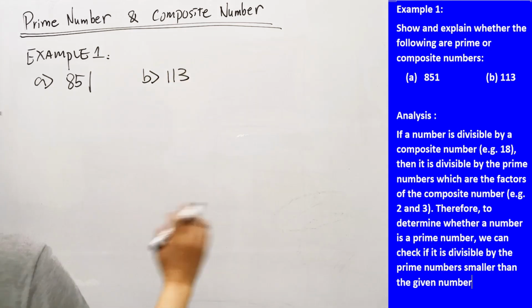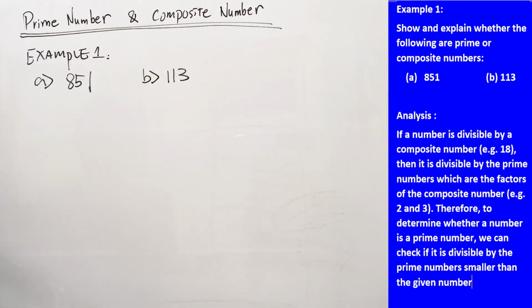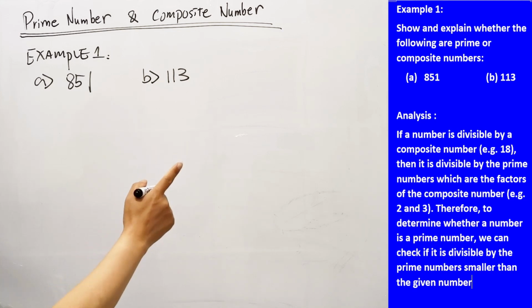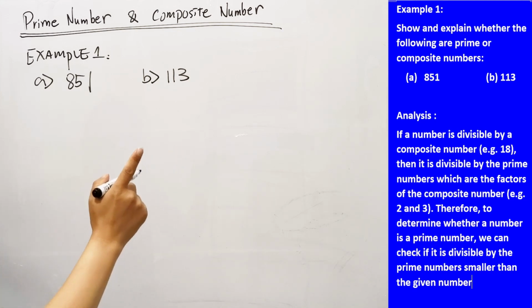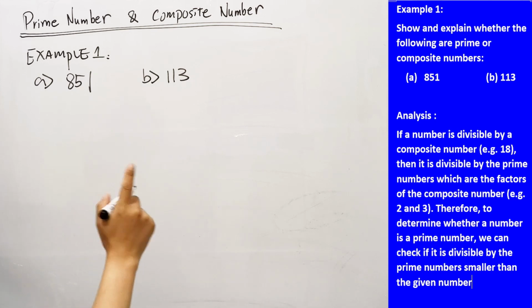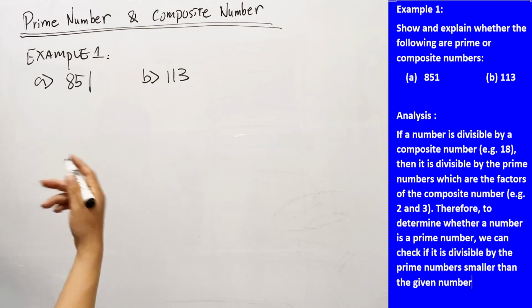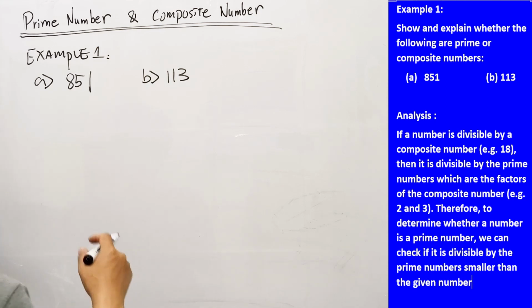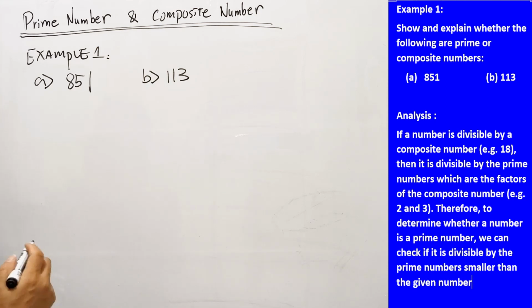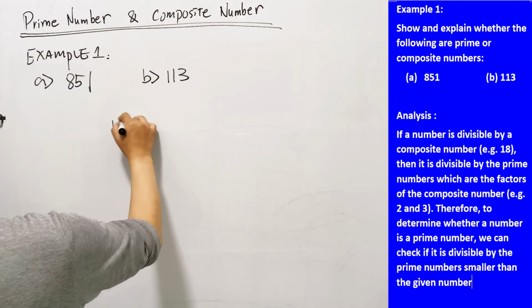Let's analyze. If a number is divisible by a composite number, for example 18, then it is divisible by the prime numbers which are the factors of the composite number. Let's do an example with 18.